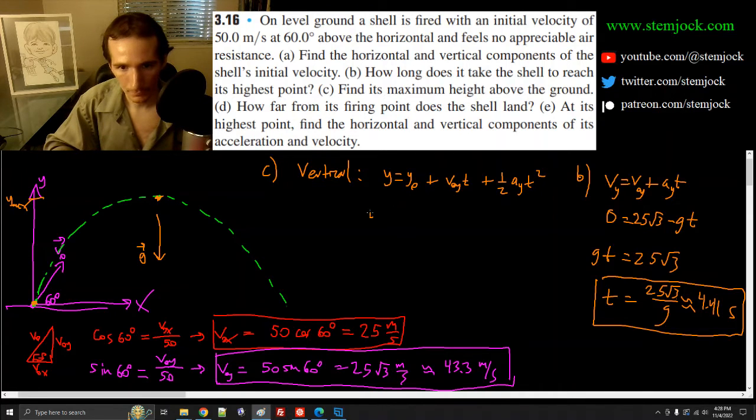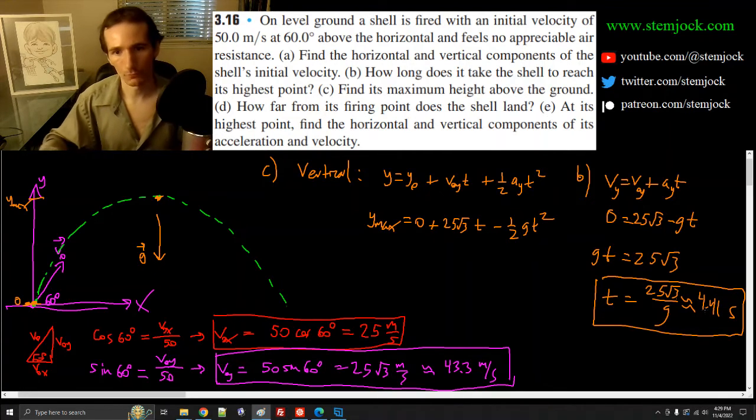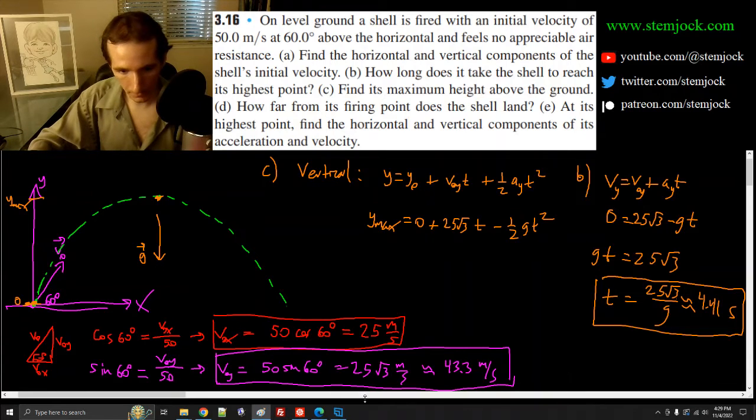So y max equals y0, the initial height, which is 0, plus v0y, that's going to be 50 sine 60, which is 25 square root 3, times t, and minus 1/2 gt squared. The t that we use here is what we calculated here, 4.41. So let's get out the calculator once more.